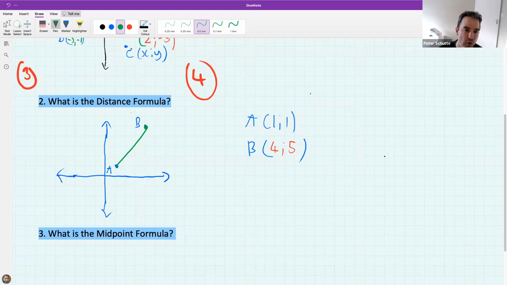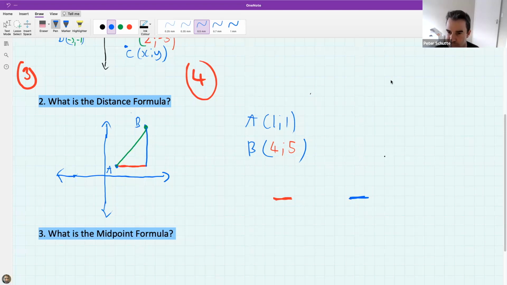But before we can do that, I want to ask you, if I had to ask you how long the red line was, could you tell me how long the red line is that I've just drawn on this thing here? And then I also want to know how long the blue line is.